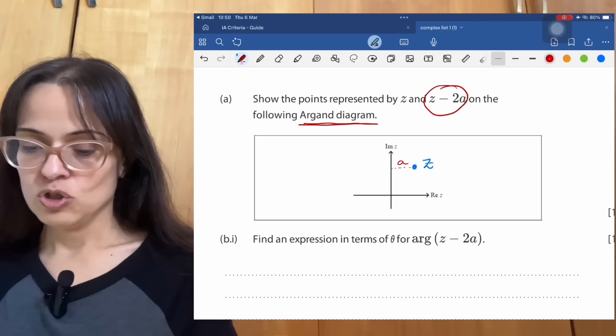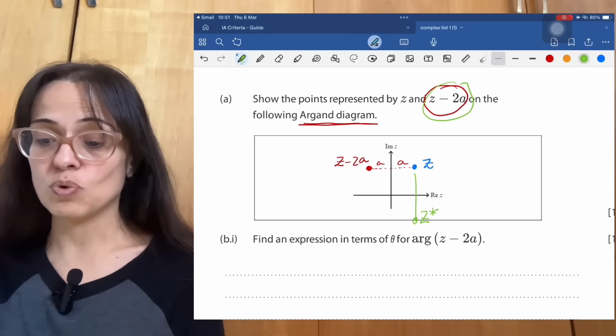So when I do 2a, I am basically reflecting it to the other side. So remember just a minute ago, I was telling you about z star, the conjugate that reflects it vertically. And there is no symbol for a horizontal reflection, but that is exactly what this question is doing. It's doing a horizontal reflection, and it turns out to be z minus 2a. There's no symbol for that. It's just what it is.